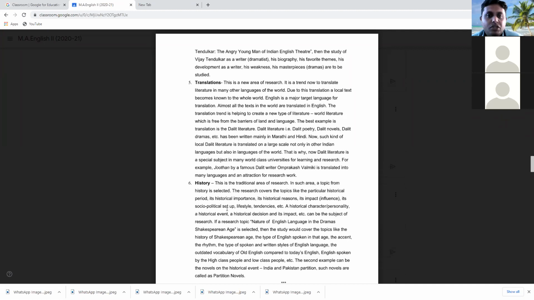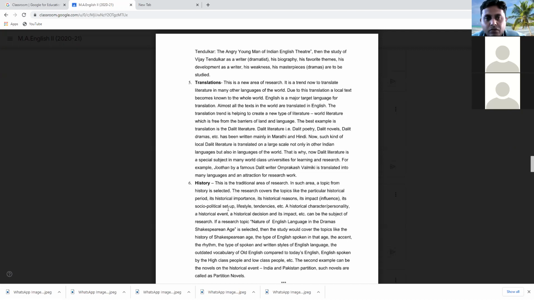For example, Gitanjali by Rabindranath Tagore was written first in the Bengali language, right? So the importance of the poetry of Gitanjali was limited to Bengali people only. But when Gitanjali was translated into English, it got a global platform.